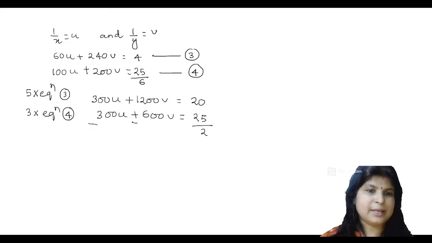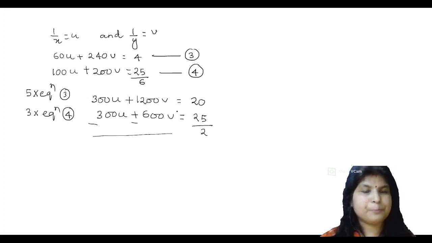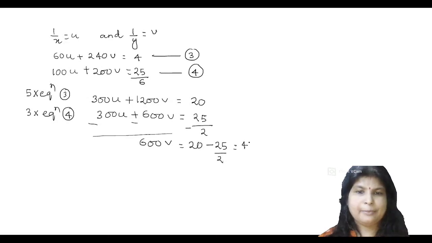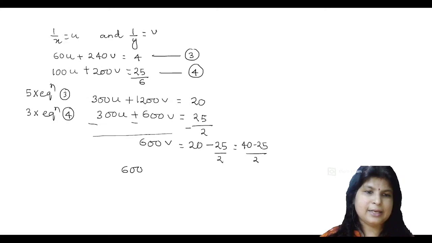Now just subtract it and you will get how much? So 1200 minus 600, that is 600v is equal to 20 minus 25 divided by 2. So you will get 40 minus 25 divided by 2, and your 600v will be equal to 15 divided by 2. So what will be your v value then?